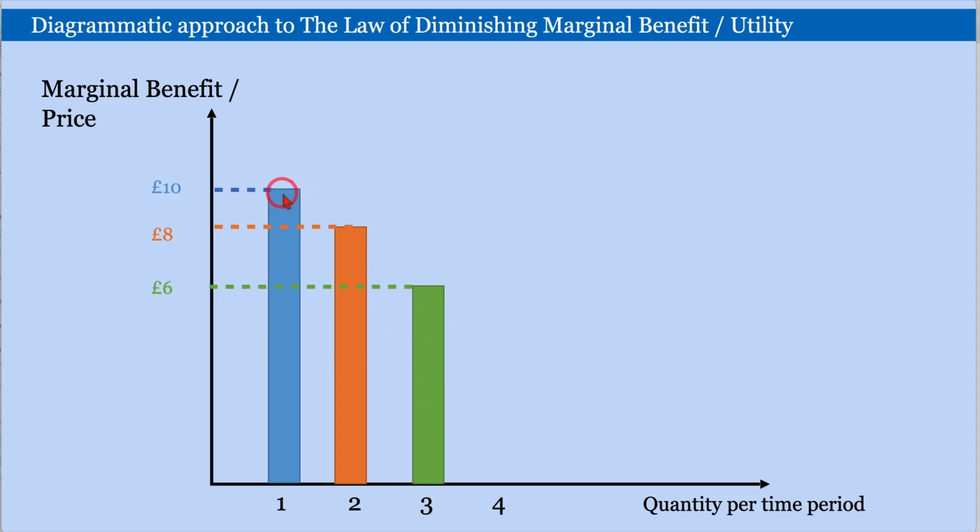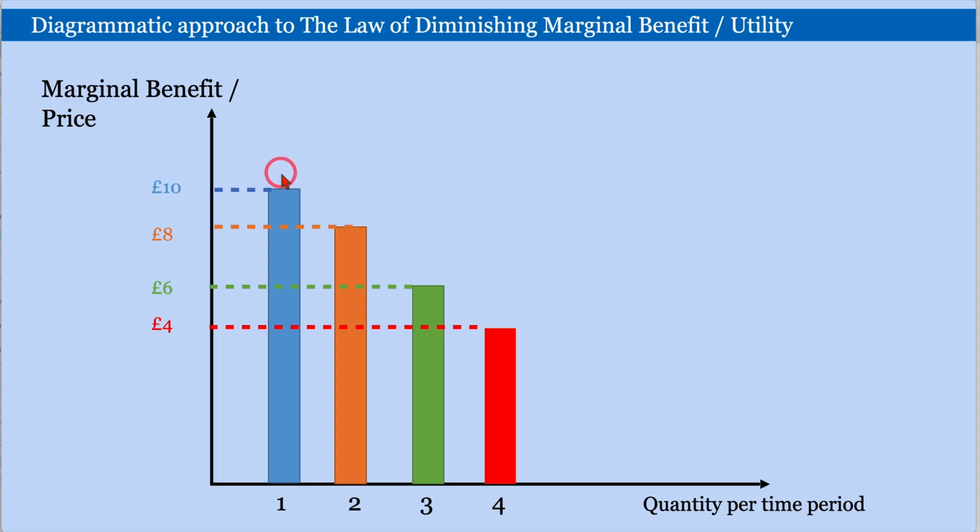So the total benefit is actually rising, because it's rising at a slower rate. So it was 10, 18 when I bought 2, 24 when I bought 3. In other words, you add those up to get to your total benefit. What happens with my fourth one? Here it is, fourth one, £4 worth of benefit.